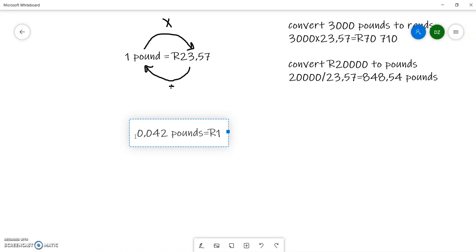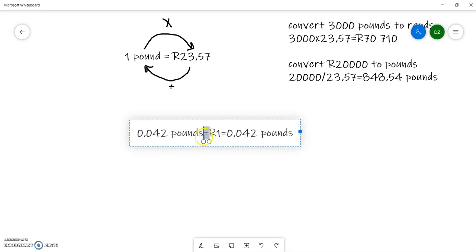So now let's see if we can still use this little trick that I've done before. If I want to go from pounds to rands, am I still going to multiply, or am I going from the 1 unit forwards as a multiplication? So we always look at the 1 unit, and I like to put it on the left, and the non-1 unit, in this case the decimals, I'm going to put on the right.